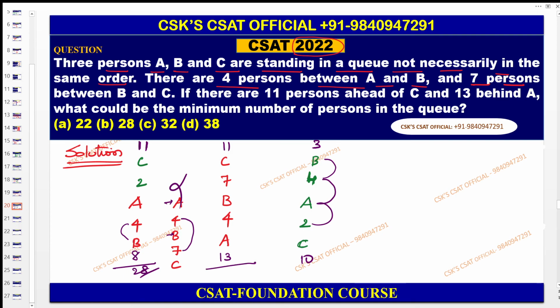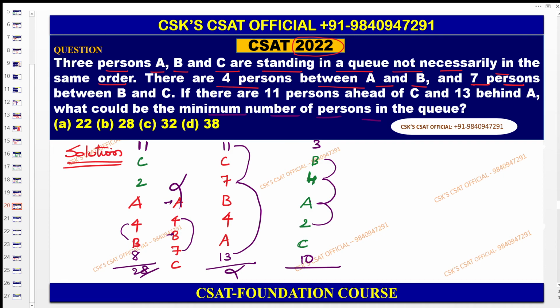Now check this one whether it is the minimum. What is the minimum number of persons in the queue? If it goes beyond 28, leave that one. Check this one: 20, here 11, 31. So leave that one, because it goes beyond 28. 28 itself is a minimum. If it goes beyond that, leave it. Now we have to check whether it is lesser than 28 or more than 28. If it is more than 28, then we take 28 as the answer.